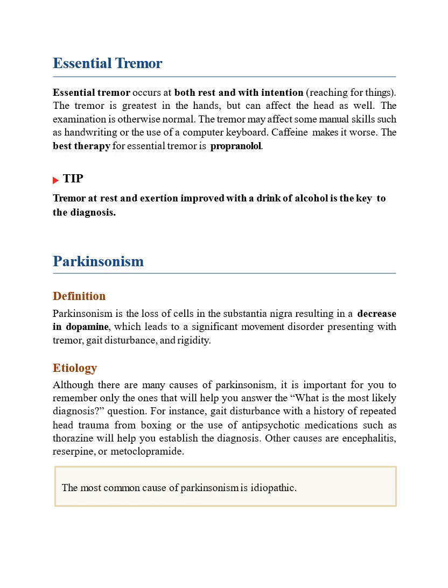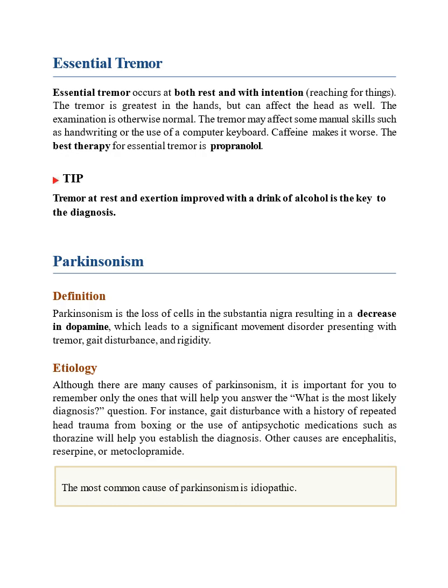So if we have a patient who has tremor, gait disturbance, and rigidity, that's a typical Parkinson. Etiology. There are many causes for Parkinson, and it is important for you to remember only the ones which help answer what is the most likely diagnosis of the question.